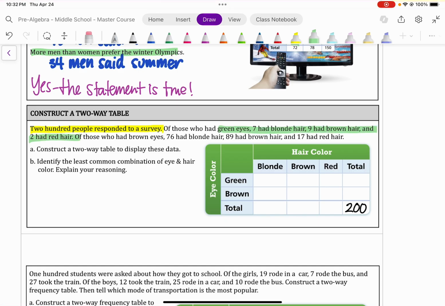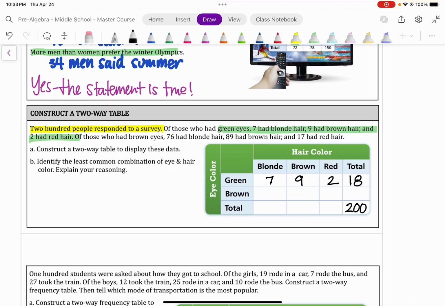So we're going to go to the row that has green eyes. 7 had blonde hair, 9 had brown, 2 had red. So if we add those, that should be a total of 7 plus 9 is 16. Add 2 more, so that's 18 total.